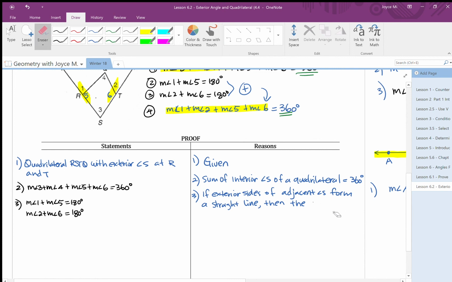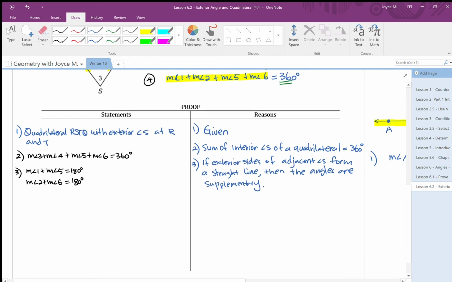And let me write, then the sum of angles are supplementary. And we know supplementary means equal to 180 here. So I could just set equal to 180 on the left there. So now I say, well, I'm going to make another 360 here. So I'm going to write it.